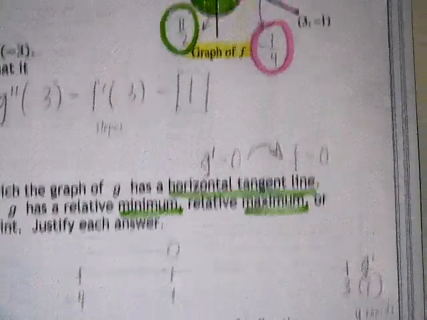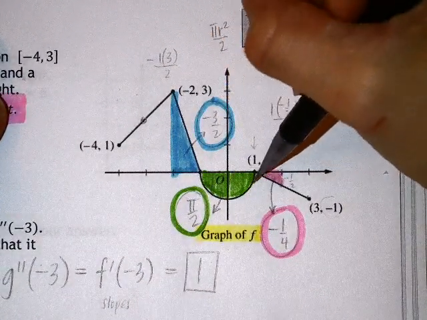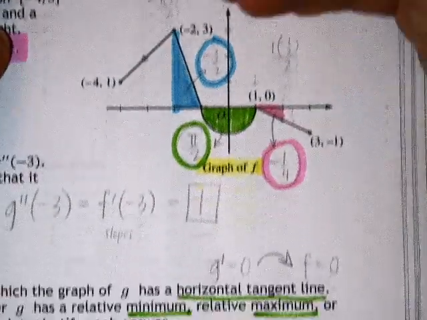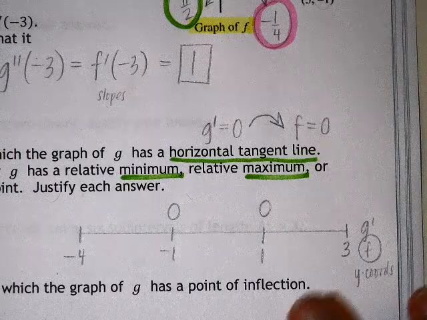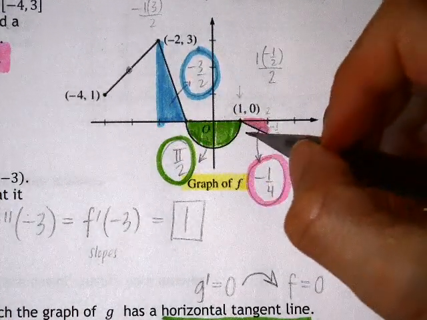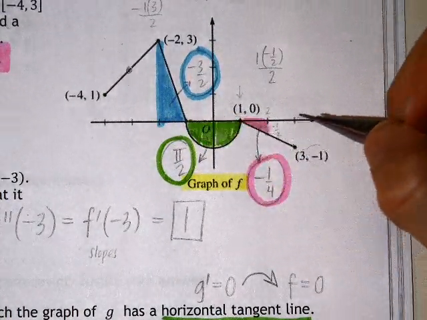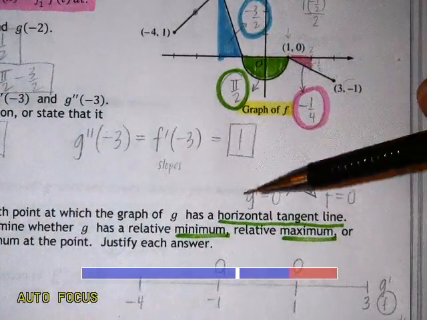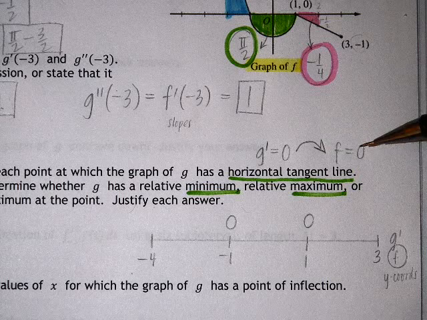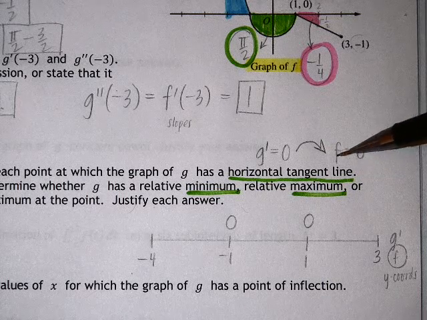I can mark that. I look again and I see another 0 at +1. So again, I can mark that one. And then as I look back at my graph, those were the only two that I saw. So those are the only two places where I have zeros. Those are the only two values where the function value was 0.